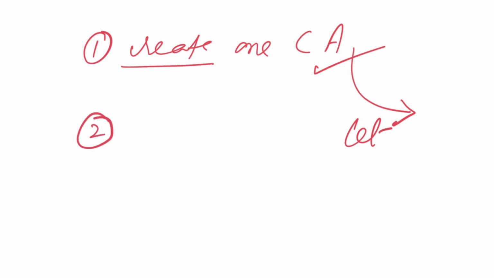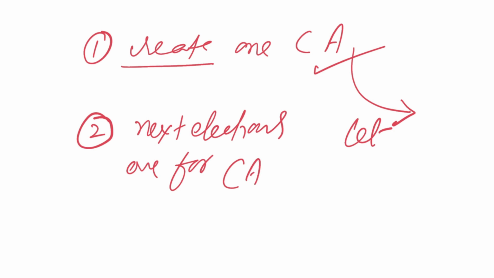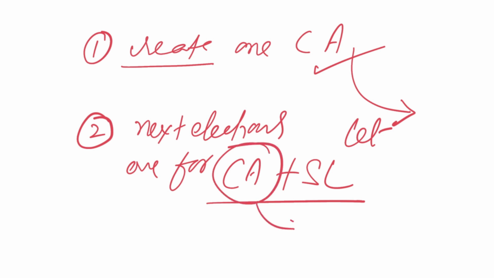Second, if one thinks that a Constituent Assembly is a very lengthy exercise and now we are too busy to go through that, you can say the next elections are for a Constituent Assembly as well as the state legislature. So it can work as a Constituent Assembly and it will pass a resolution and it will be a state legislature also.